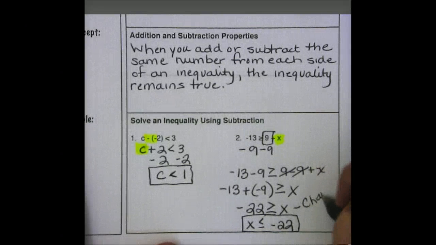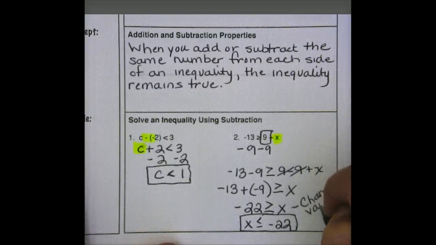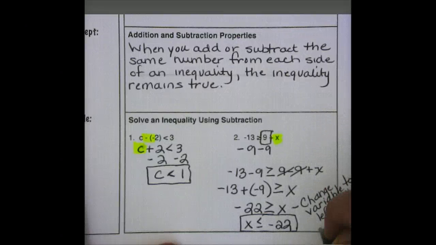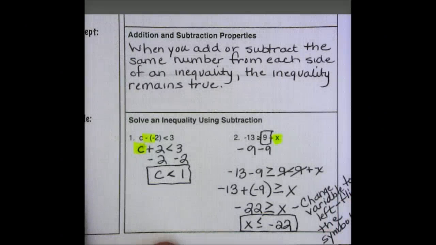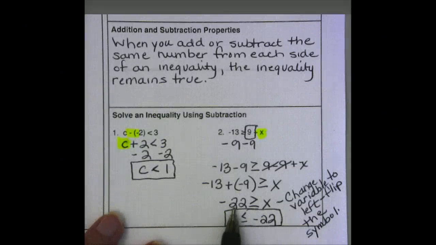When you change your variable to the left, you're going to flip the symbol. And it's very important that we learn to do this. So when you change your variable to the left side of the inequality, you have to flip that symbol from greater than or equal to, to less than or equal to.